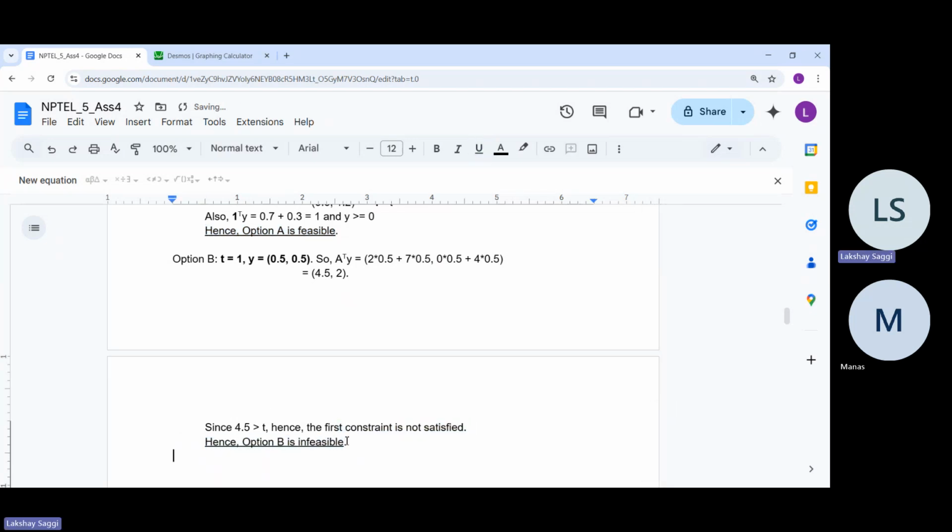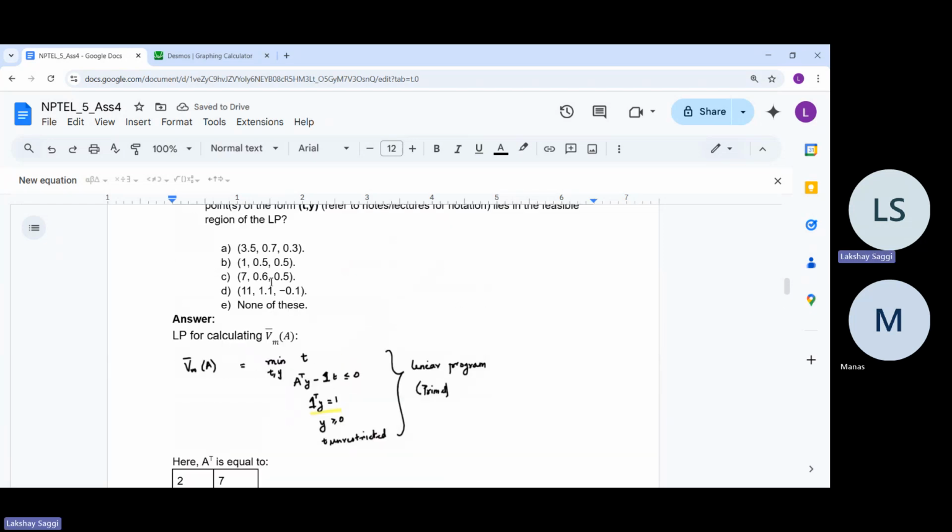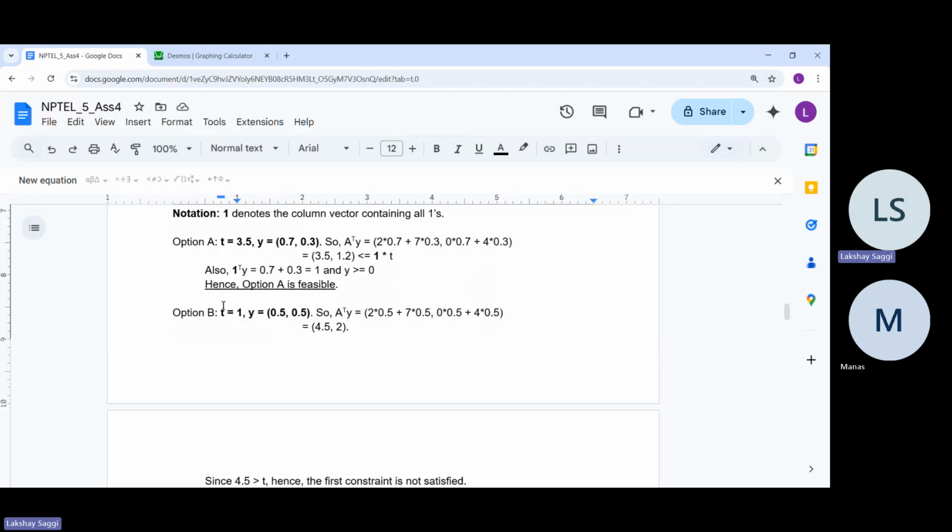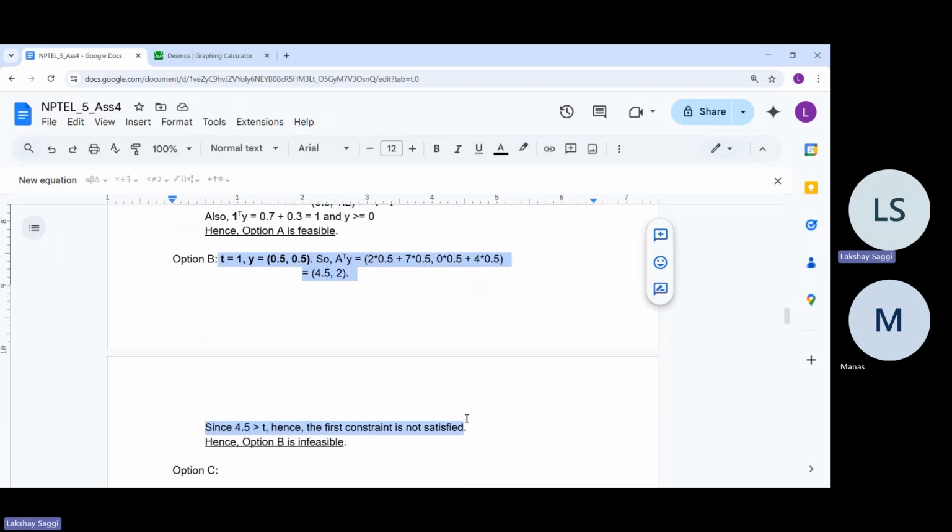And now coming to option C, what do we have in option C here now? Let's see. So option C says T is 7 and these two values are 0.6 and 0.5. So in the C option, maybe I'll just copy these.